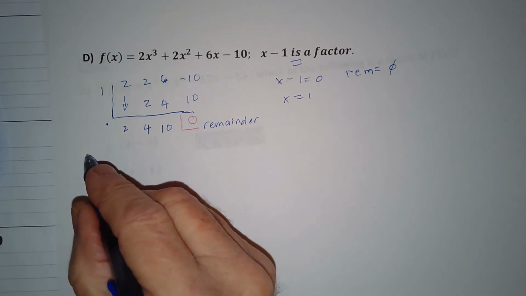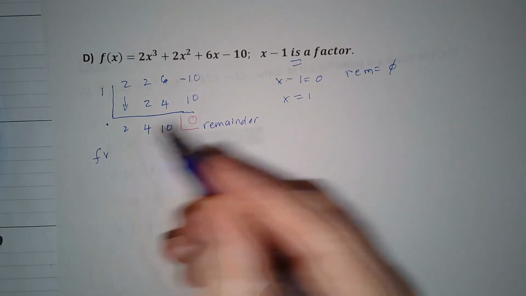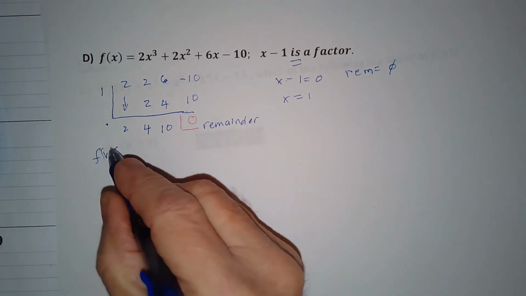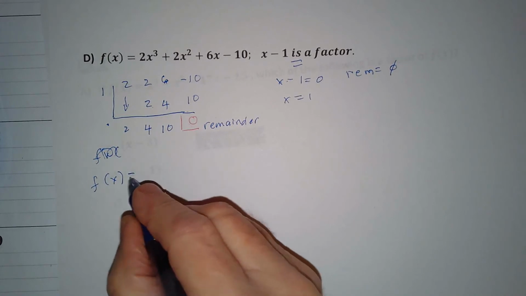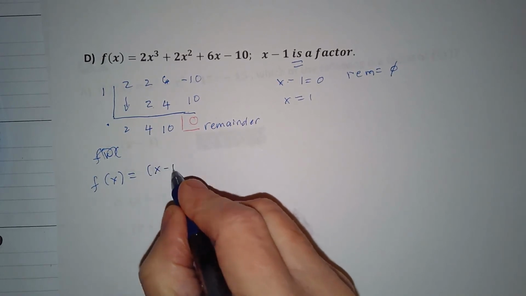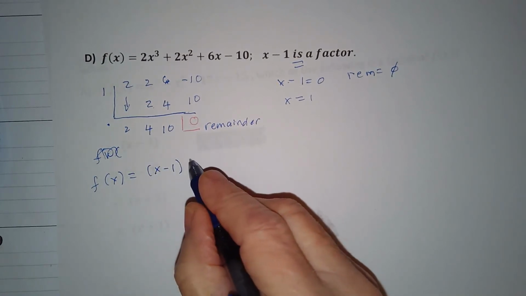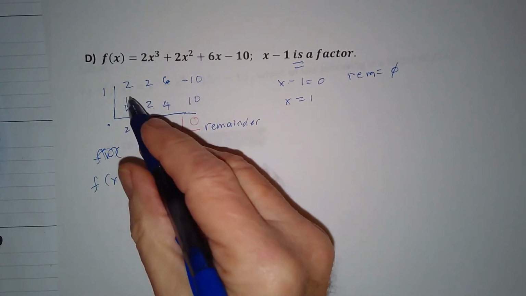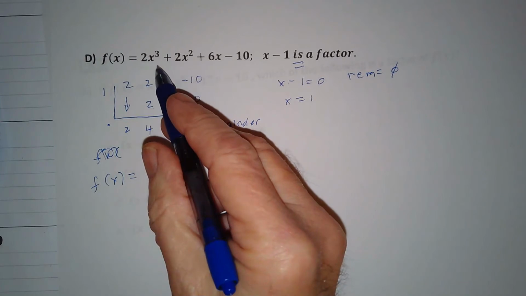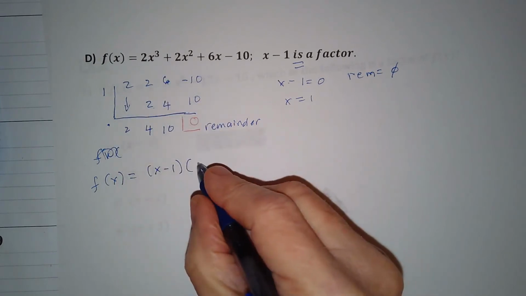And so you get f of x, let's do it down here, f of x equals, and in parentheses x minus 1, and then we've got, remember this is our 2 here, but this is now, it started out as x cubed, we divided out an x, so this is x squared.